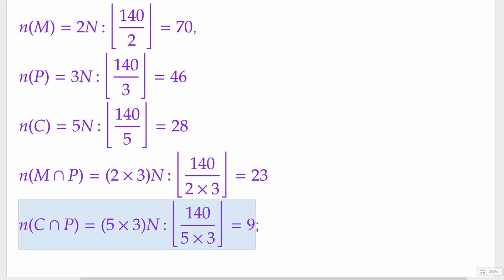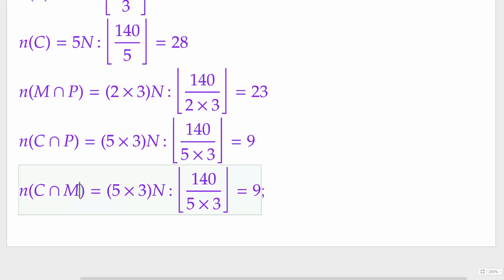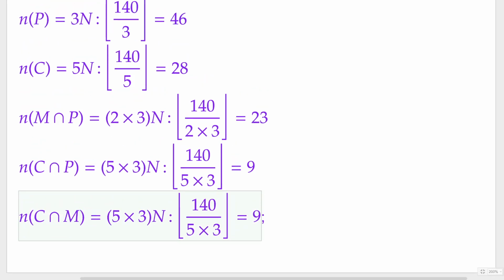Next, the same thing for chemistry and mathematics: 2 times 5, that is 10. So 140 by 10 is nothing but 14.